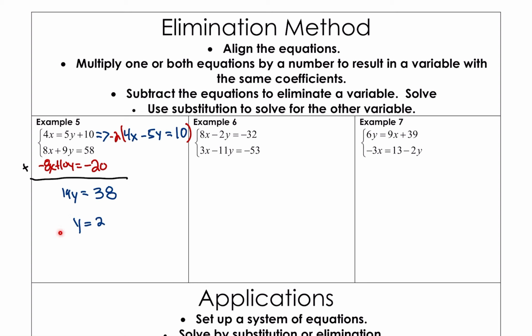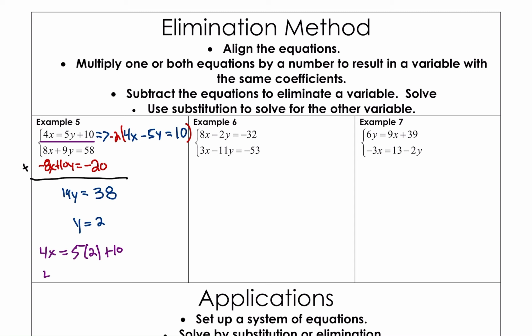Okay, now that I know what y is, I can take that and plug it into any of these equations up here. So I'll plug it into this top equation again. Okay, so it's going to look like 4 times x is equal to 5 times y, but I know y is 2, plus 10. Okay, well, 5 times 2 is 10, and 10 plus 10 is 20.